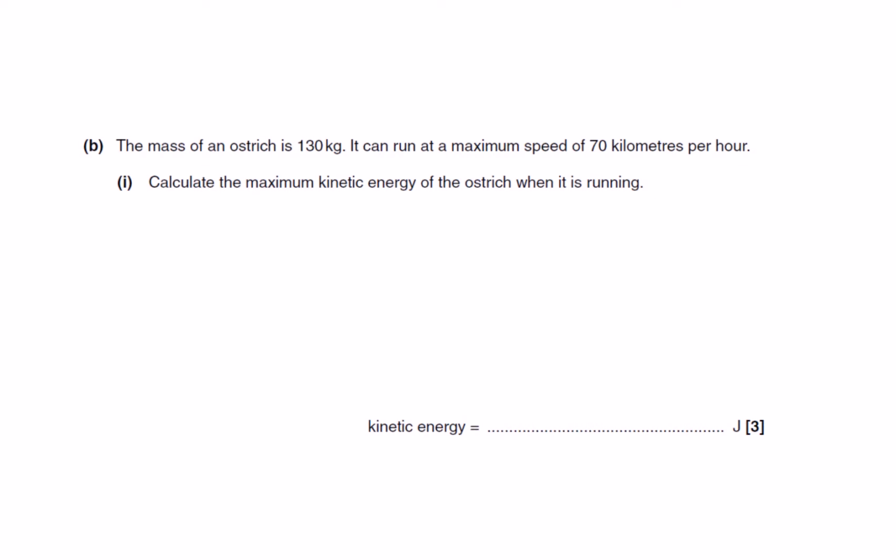First thing we're going to say is that the kinetic energy is equal to a half mv squared, where we need to put the v in as being in meters per second. So let's do that here.